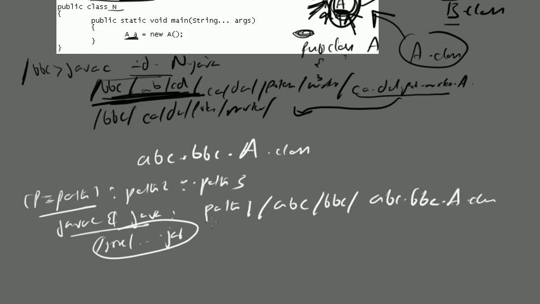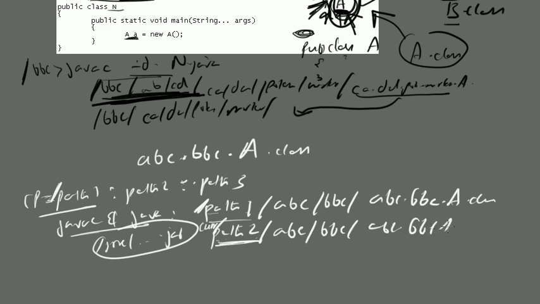If this one doesn't work out, path 2. Say path 1 is absolute, starting from slash, so it searches within. Say path 2 is relative, it appends this to the current directory, so this is current directory slash path 2 slash abc bbc abc.bbc.a.class.